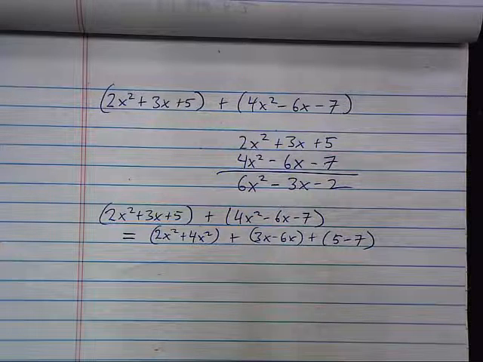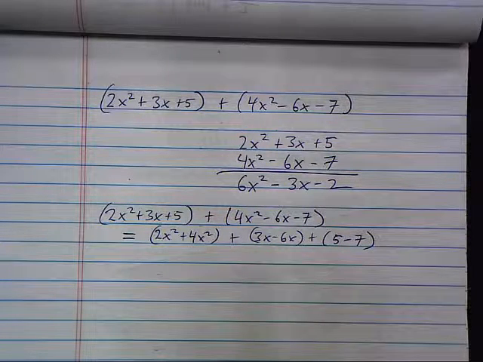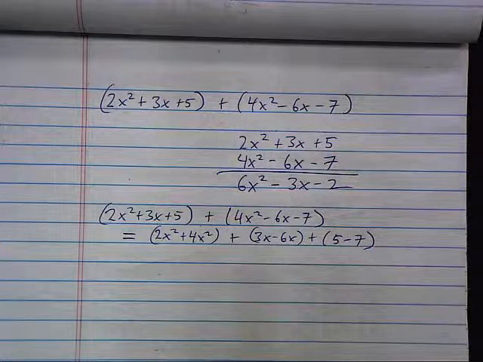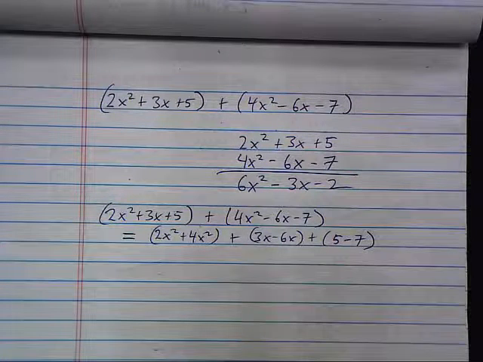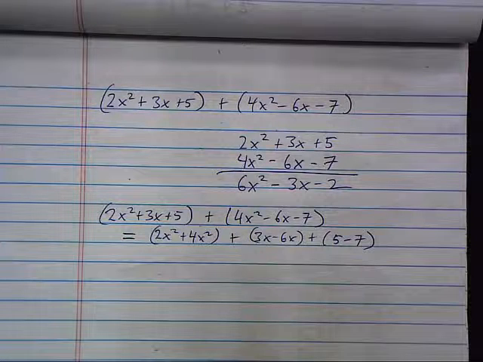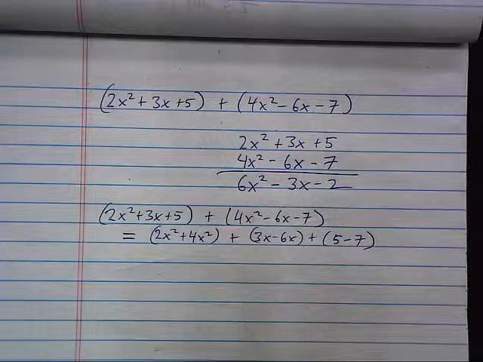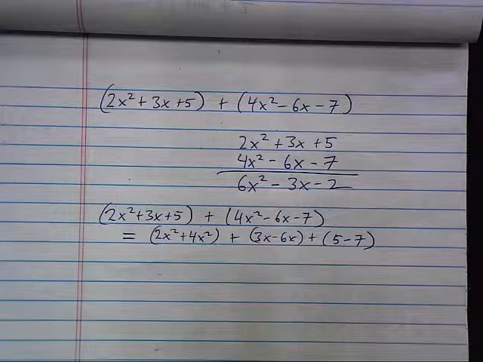What's the rule of addition that allows me to switch the order around? What's the rule that says 5 plus 2 is the same as 2 plus 5? It's not the distributive. It's not the associative. It's the only one left. It's the commutative property. The commutative property says you can switch order around when you're adding as much as you want.